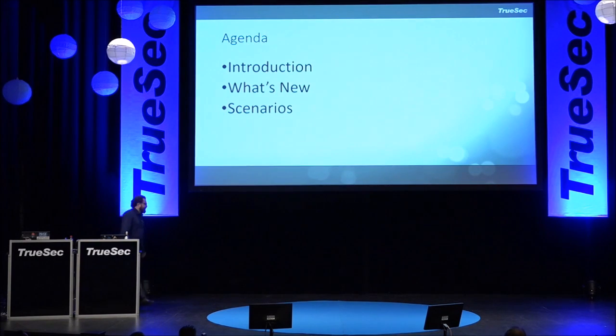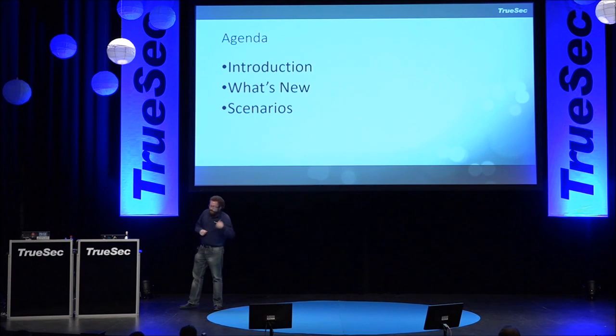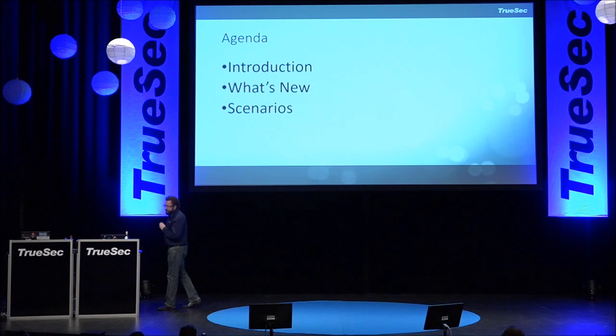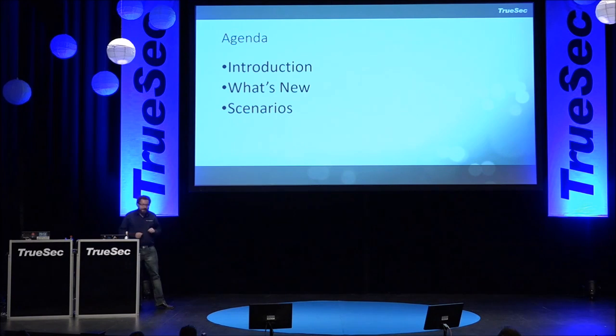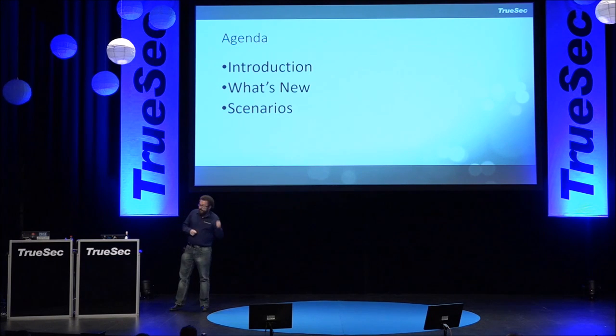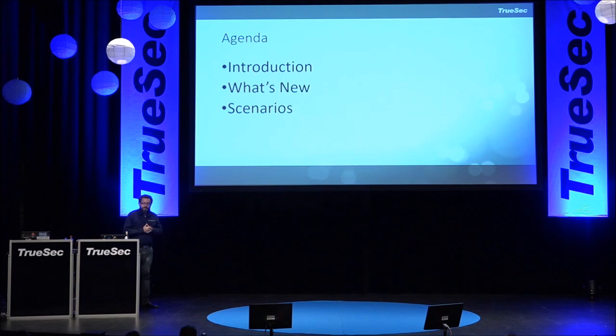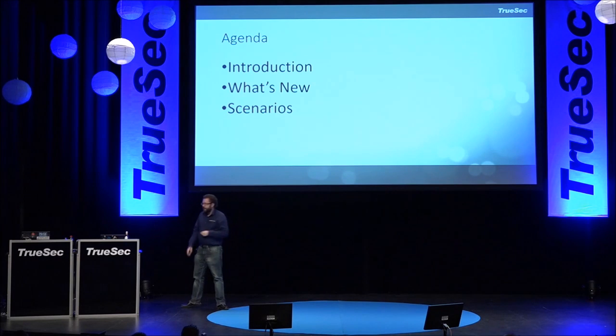So my agenda is pretty simple. I want to introduce you to especially service management automation. I want to talk about what's new in Orchestrator, Classic and SMA. And then I want to show some scenarios which I've thought of. Some of them are from customers and maybe simplified a little bit.